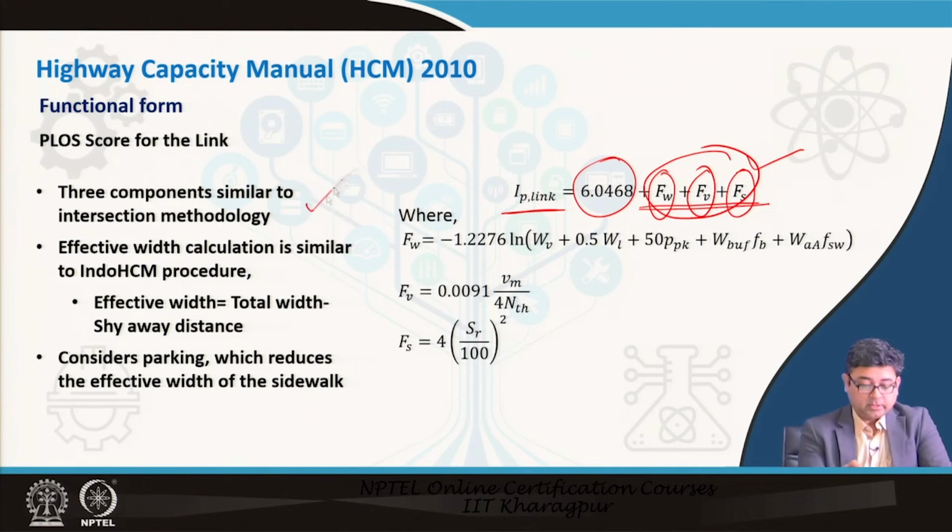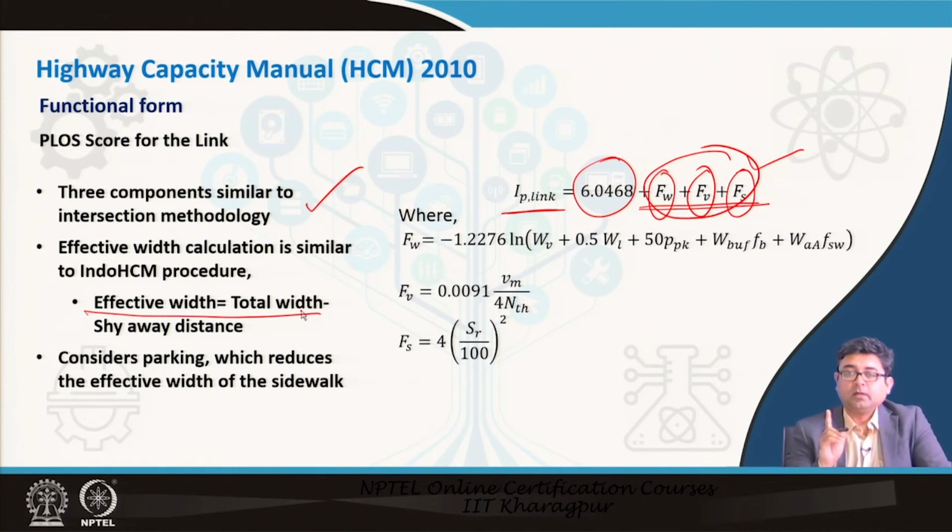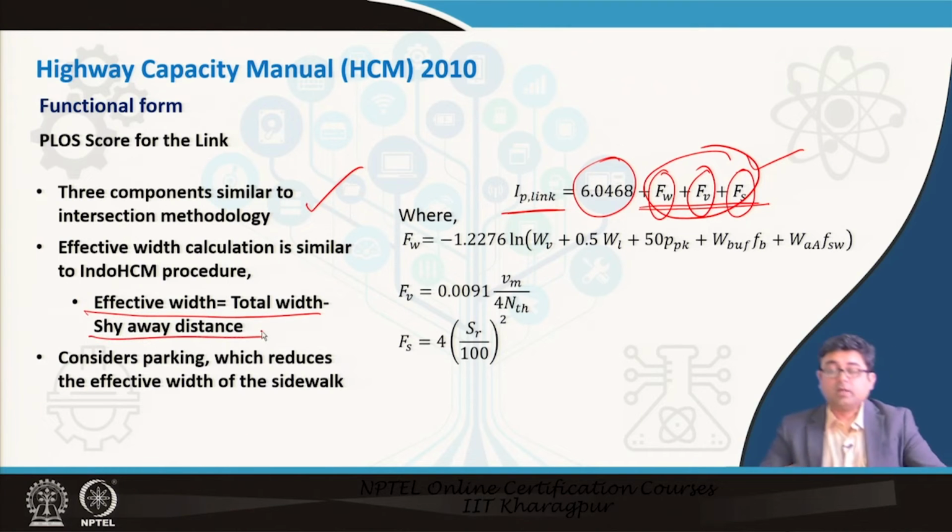So, these 3 components are included, and then for the average space score, we always have to calculate the effective width. This effective width is reduced if you consider parking. You already know how to calculate effective width.